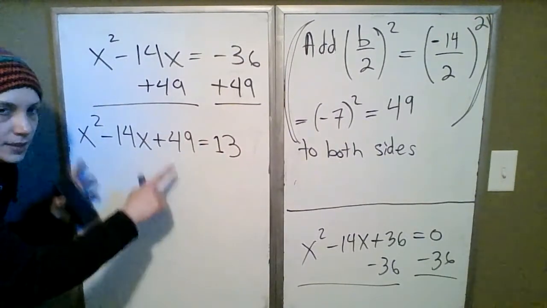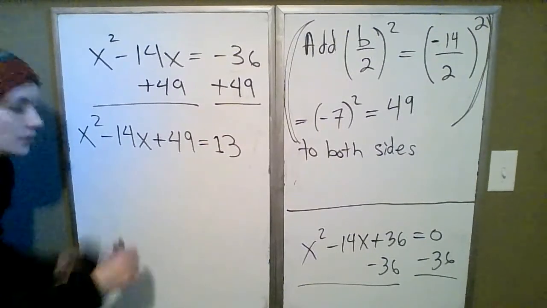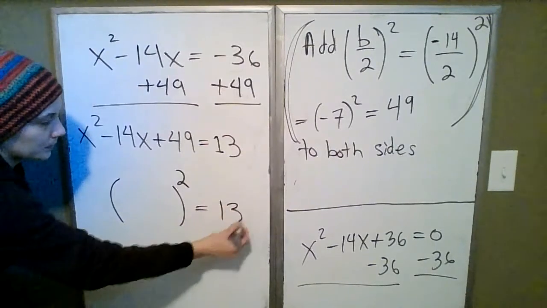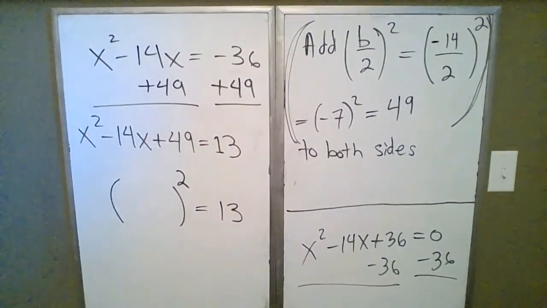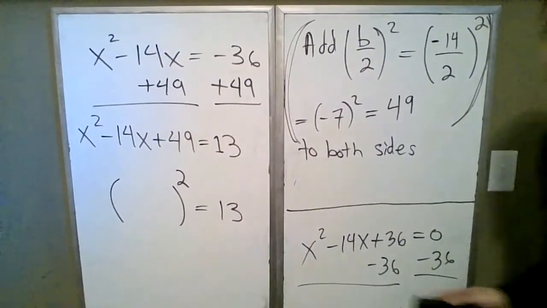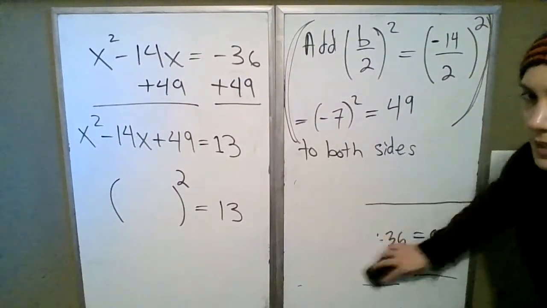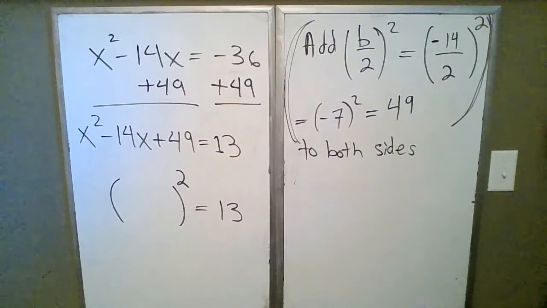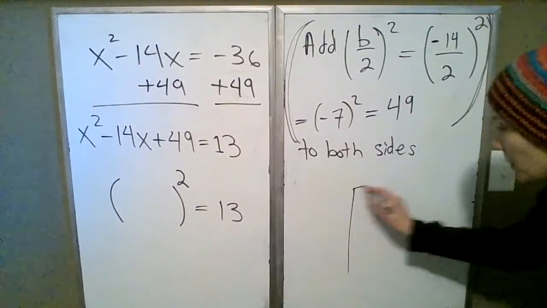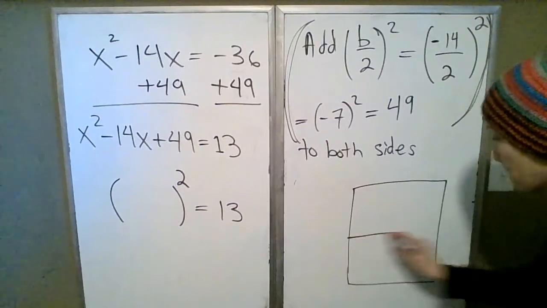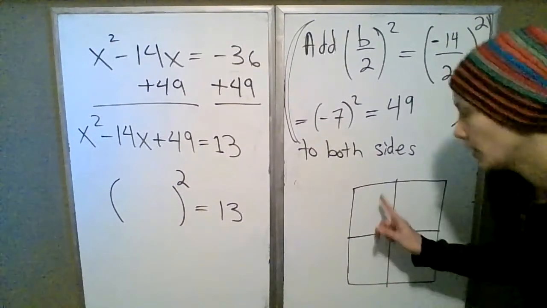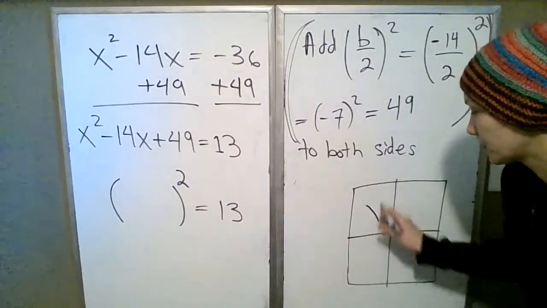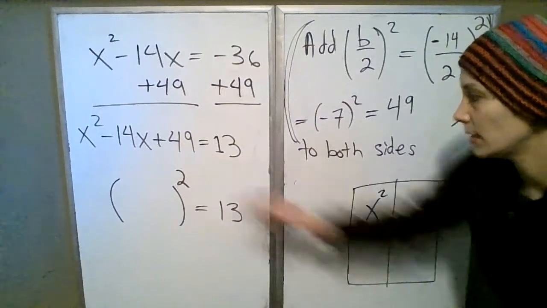So again, this side we can now factor into some number multiplied with itself. It's more like some value multiplied with itself. So the term x squared goes to the top. It's 49 value down here.